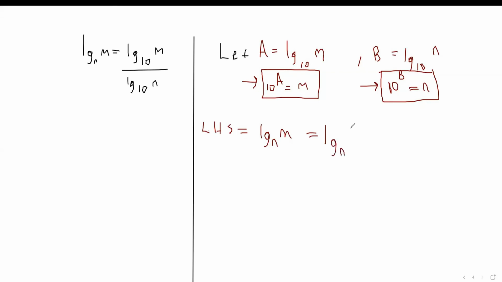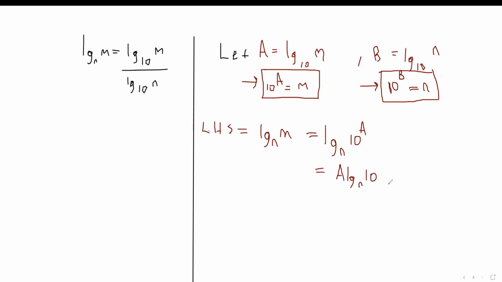M is 10 to the A. You cool with that? Then we can use the power law, bring down the power and write it as A log base N of 10, right?